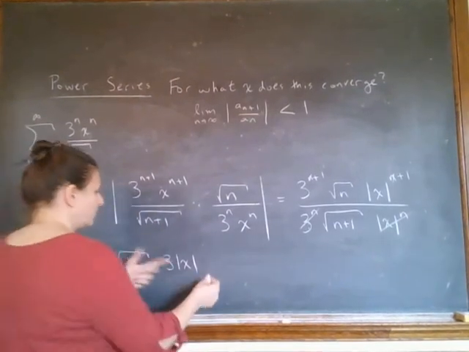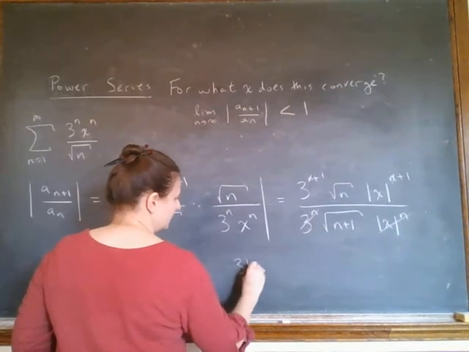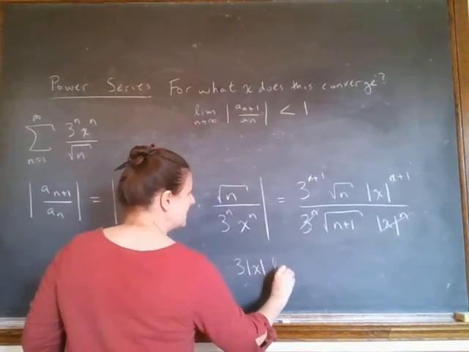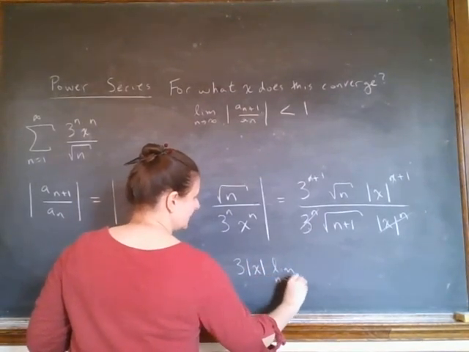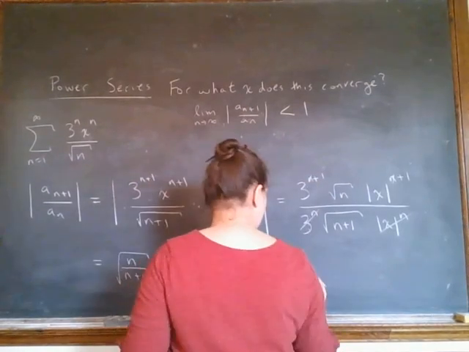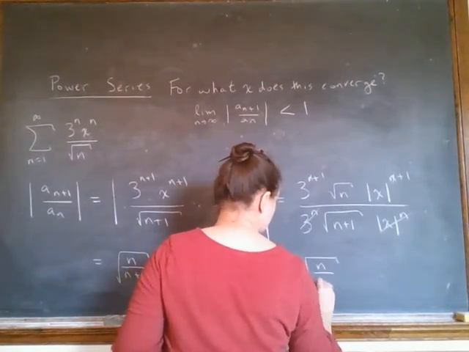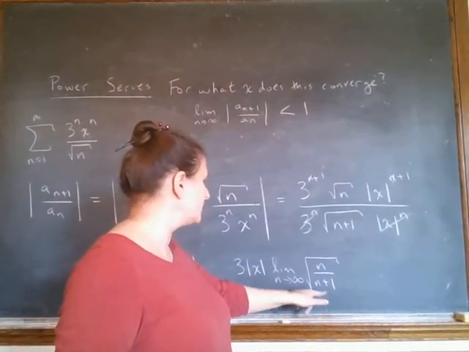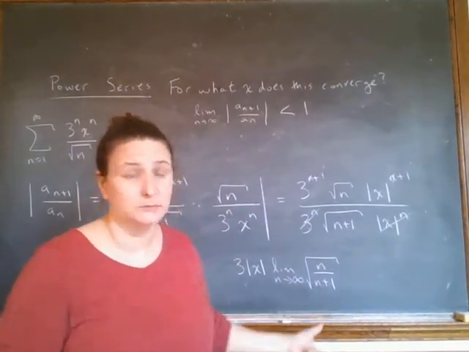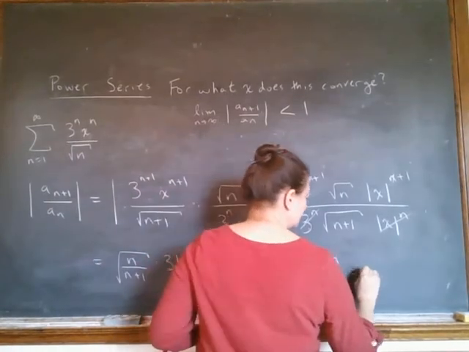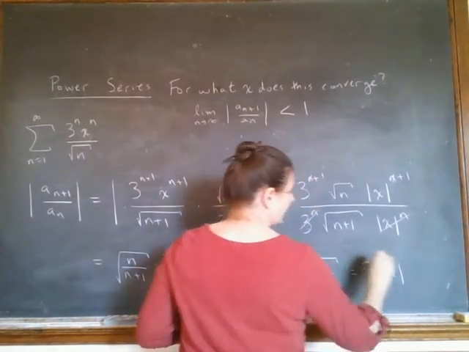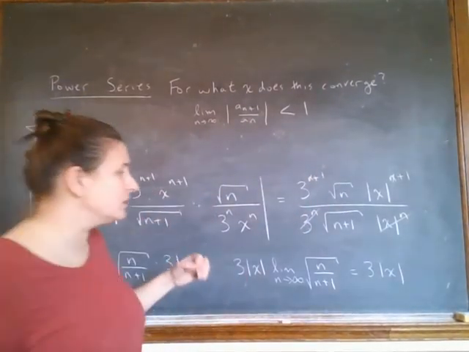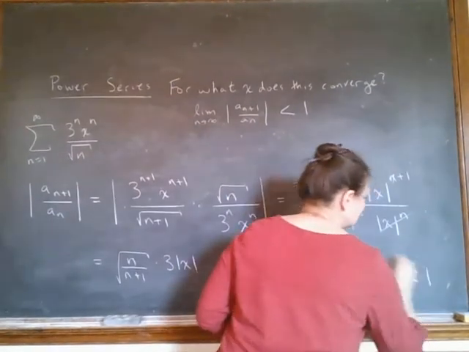So I'm going to actually pull it outside when I rewrite it. I would have written this in 2 steps, but not having a whole lot of space, I'm going to erase. When I take the limit of this as n goes to infinity, I'm going to get 1. We know that. So this is 3 times the absolute value of x. Now for this to converge, I need this to be strictly less than 1.